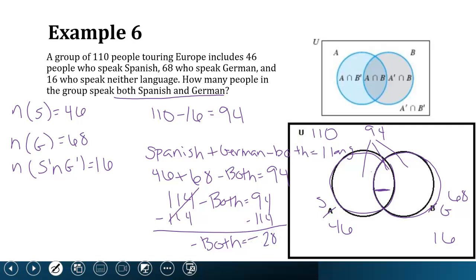You can't have a negative, so this will be a positive 20. So the both equals 20. This middle number is 20. They speak both Spanish and German. We don't need to fill everything out, because if you look at the question, they only want to know what the middle is, both Spanish and German, and that is 20.